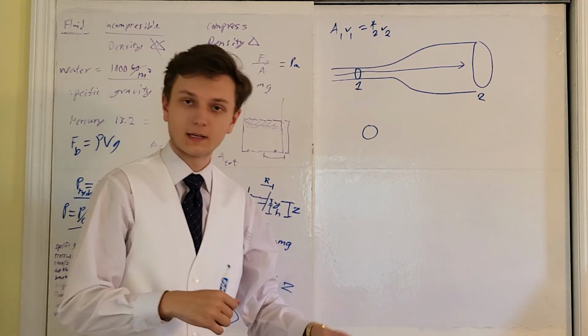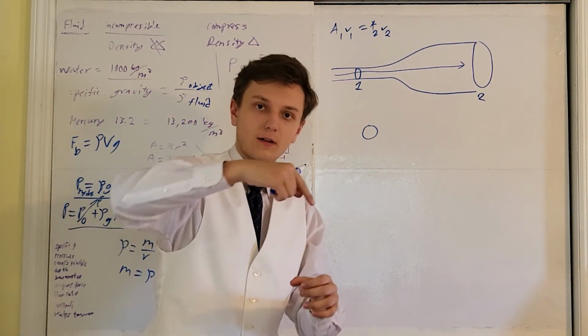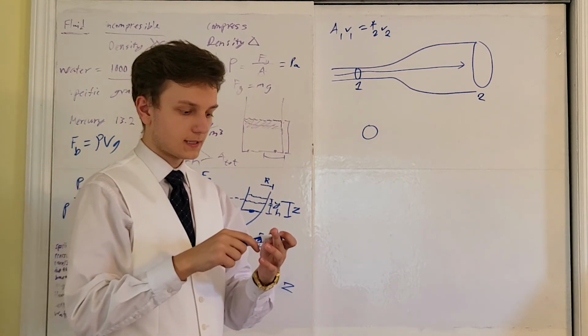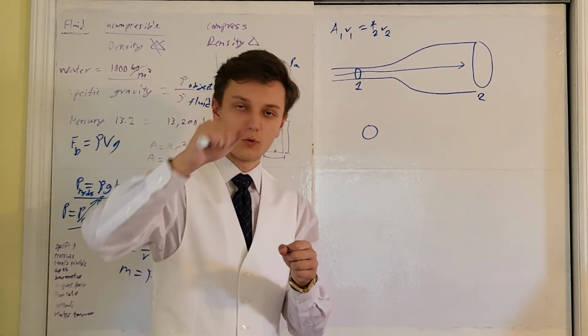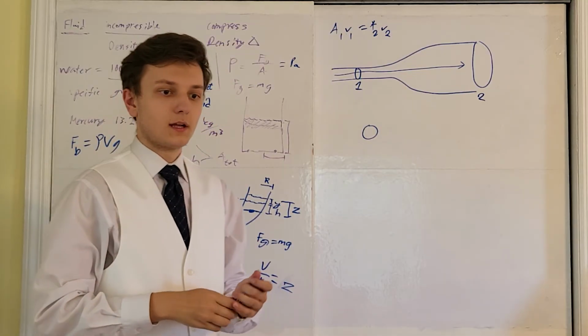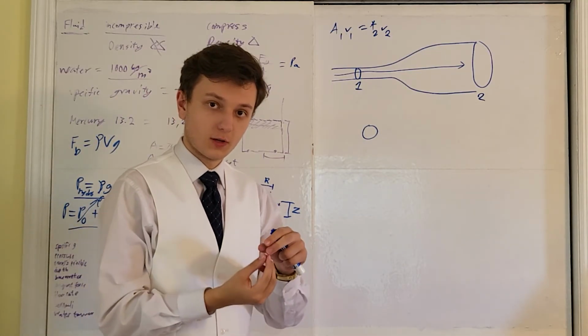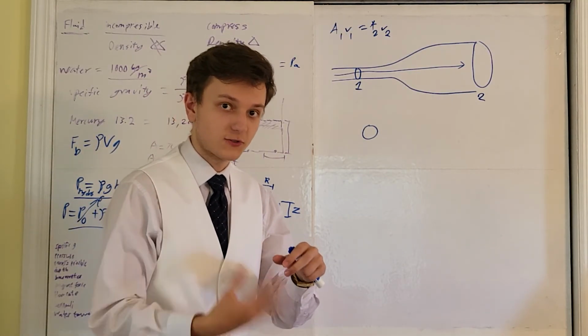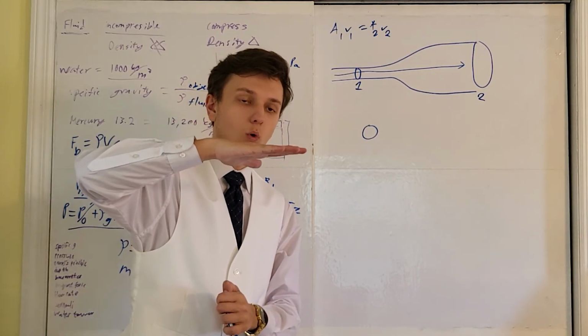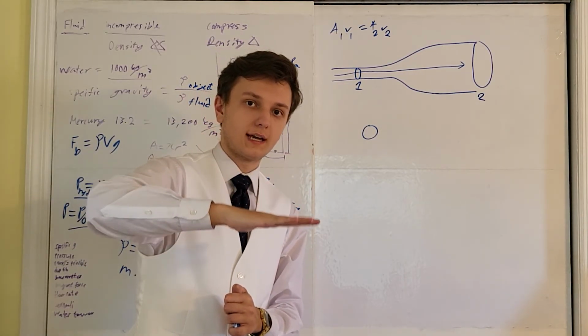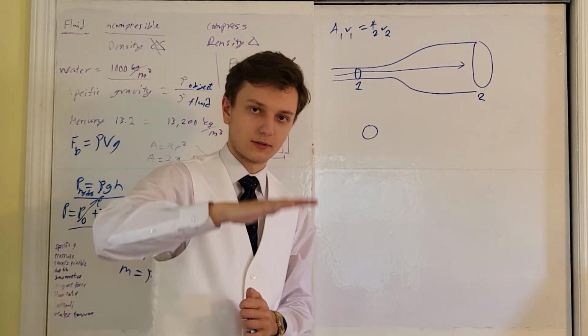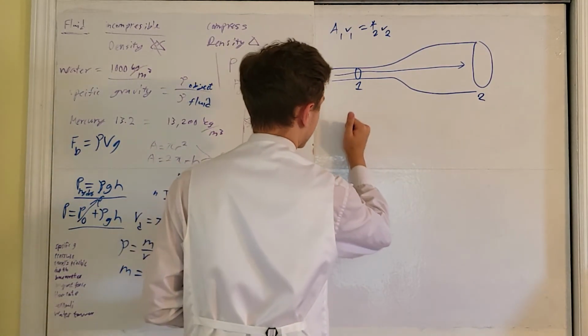Okay, let's say I'm filling up my water bottle and I've got a funnel on top. You'll notice that as you pour water into the funnel, the rate at which water flows through the bottom of the funnel is much faster than the rate at which the water is flowing through at the top. So that's all this equation tells us.